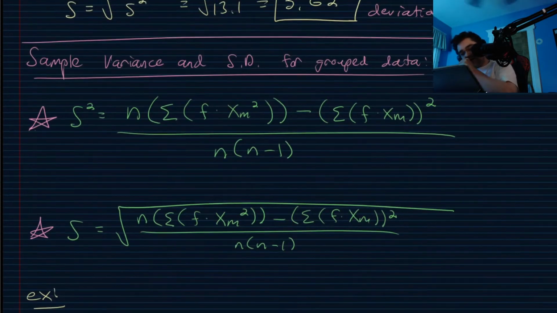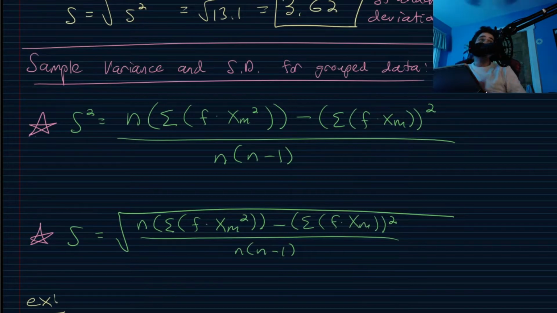And then we've got this horrible formula for finding those same numbers when the data is grouped rather than when the data is ungrouped. So the formula is not fun, definitely not easy to memorize. Again, definitely make sure you have this formula.